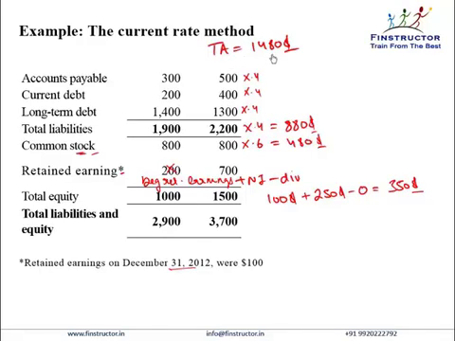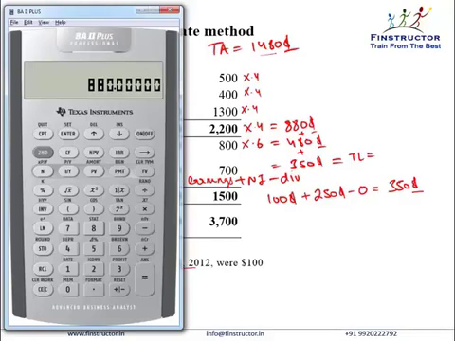So the total assets were $1,480. And we can now compute the total liabilities and equity as 880 plus 480 plus 350, that is $1,710.